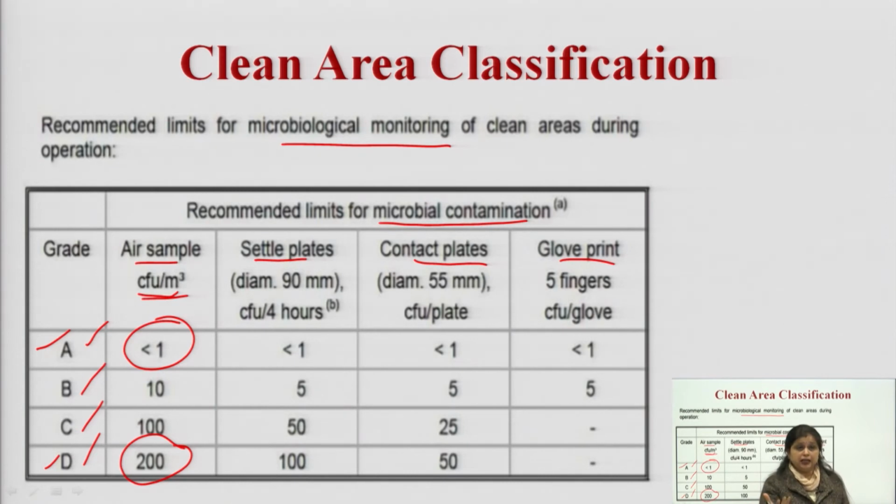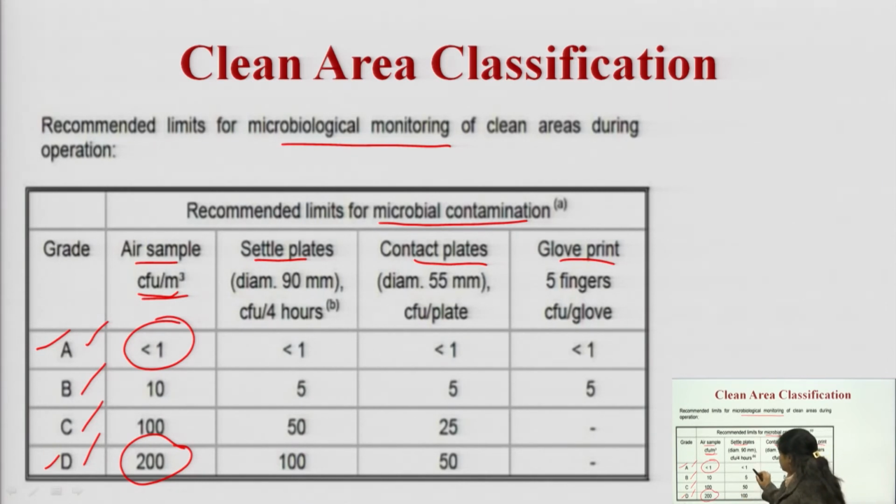We can take nutrient media and Petri plates, and place the Petri plate on any surface. When that Petri plate is open and contains nutrient media, any microorganisms present in the environment will come into the Petri plate. When we incubate that settle plate in the incubator, it will generate colonies, and those colonies will be counted.